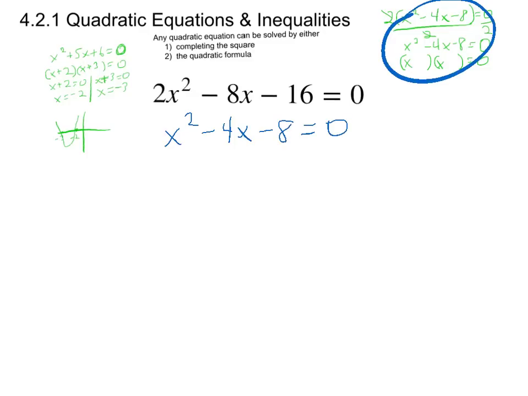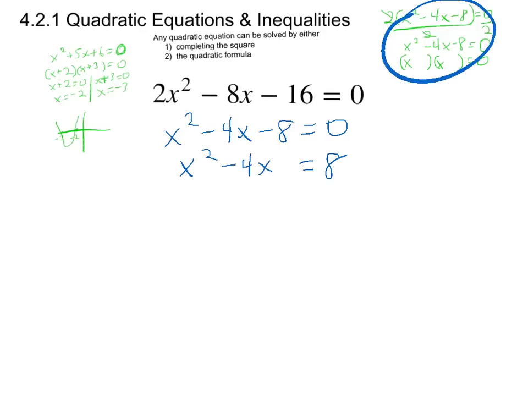Alright, now the first thing you want to do is, we're completing the square. So what variable is squared? We have an x squared. So anything with an x, we're going to keep on one side. This has no x, so move it over. So that gives us this, x squared minus 4x equals a positive 8. Okay, we move the constant over to the other side.